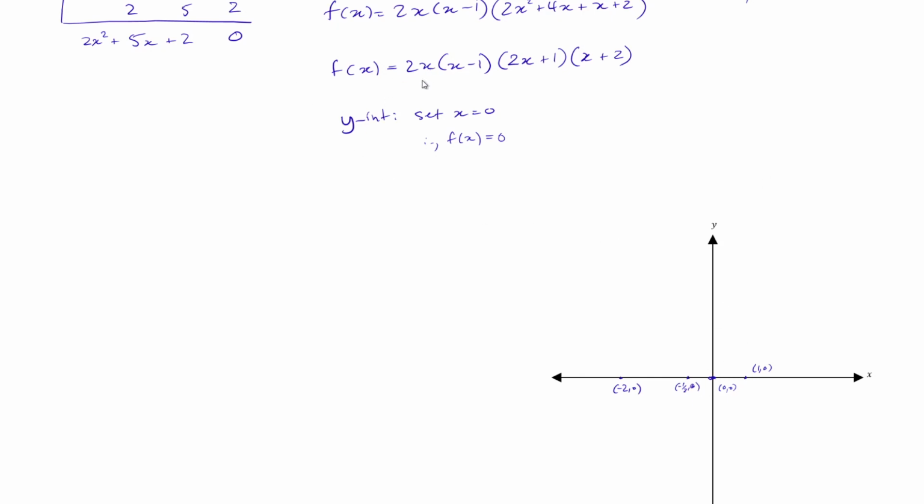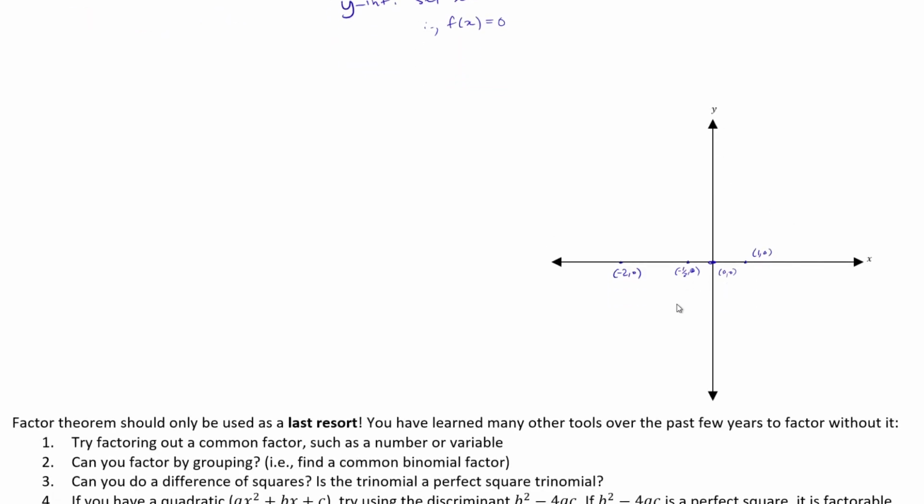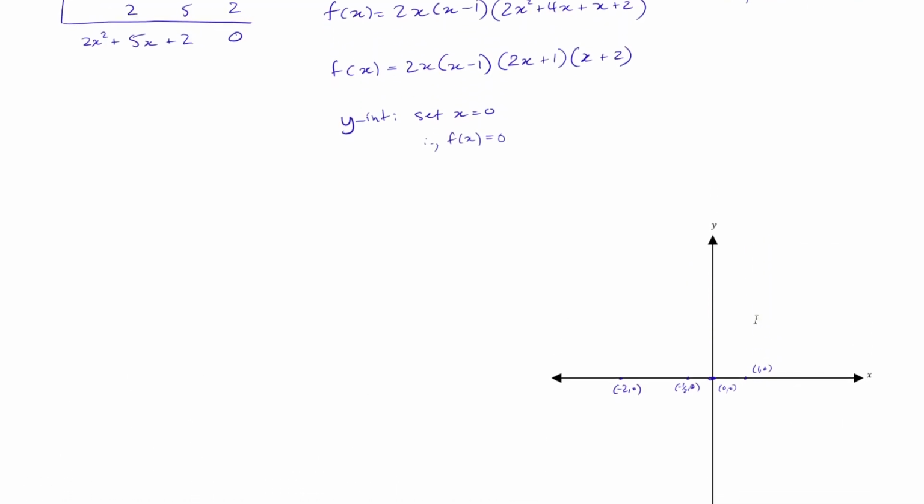Now, we know that this has a positive leading coefficient, so it's going to open up. That tells us about our end behavior, right? And so I'm going to sketch now the graph of this function without looking at where the turning points are. The last thing that we need to know is that because all of these factors are linear, which means that they're raised to the power of 1, all of these, right?